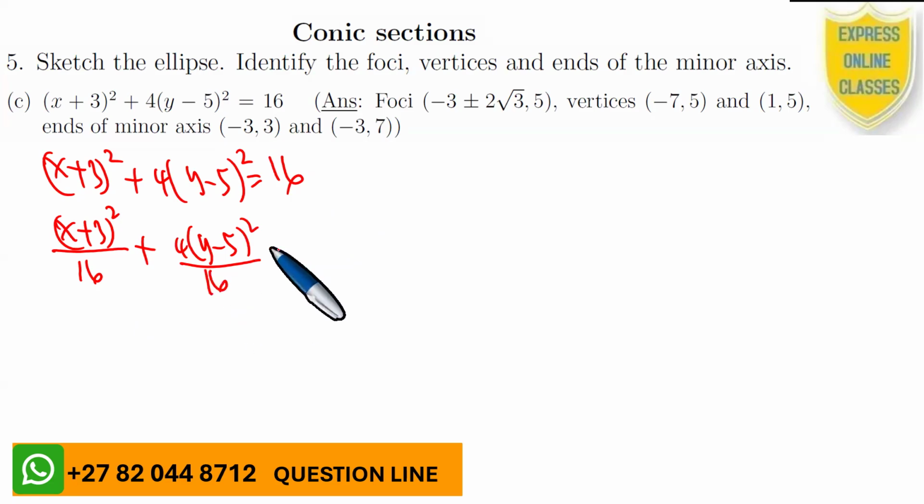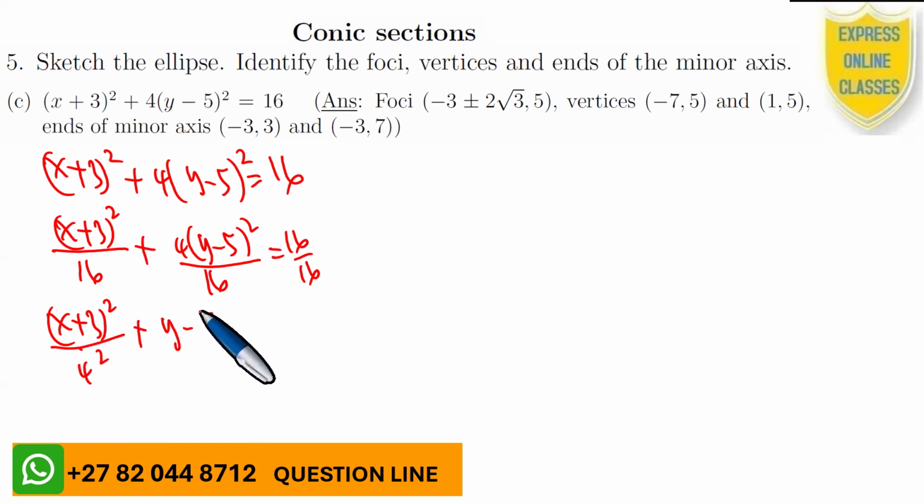Divide by 16, which is 4 squared. And then here you'd have 16 divided by 4, which gives us a 4, which you can write as 2 squared.